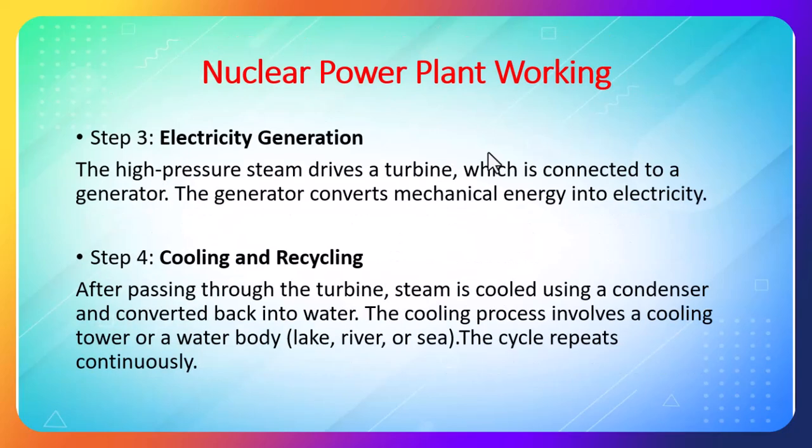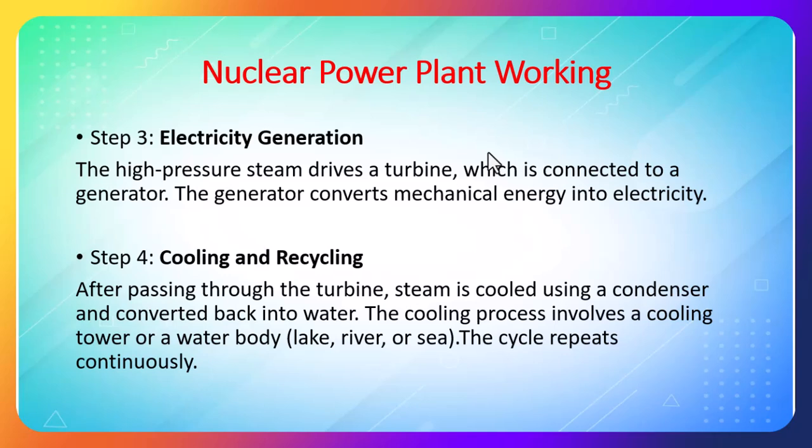Step 3 is electricity generation. This high pressure steam drives the turbine, which is connected to a generator. When the turbine starts to rotate, the generator prime mover starts automatically, and thereby you generate electricity. Then comes cooling and recycling.